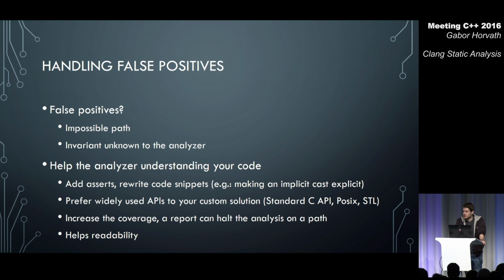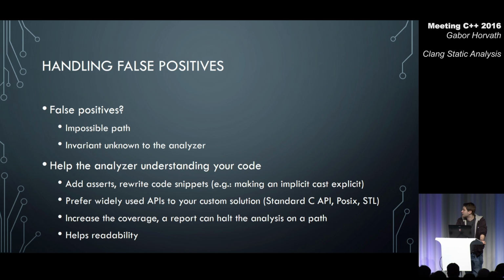So the best way to actually fix this is to have the analyzer understand our code. We can assert or rewrite code snippets in a more easy to understand way. We can use widely used APIs instead of custom solutions.